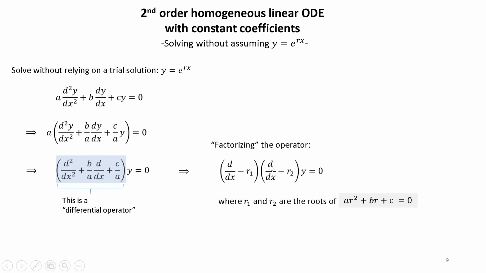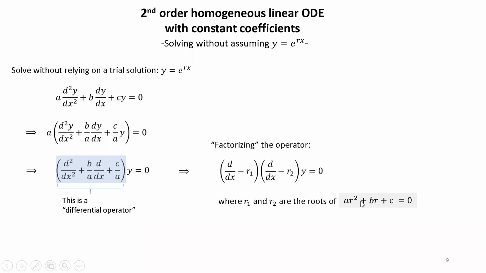When I write it this way, it means I first make this operator operate on this y, and then I get something, and then I apply the operator in front onto what I get here. That's really the meaning. And this R1 and R2 are actually the roots of this equation.